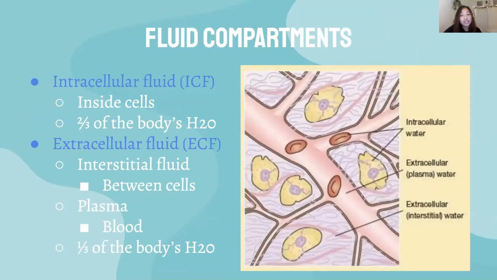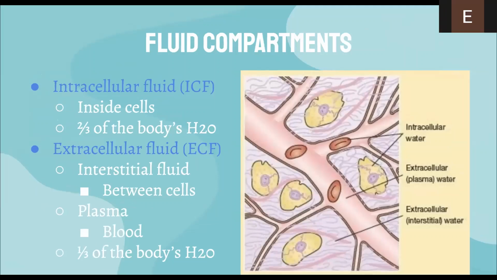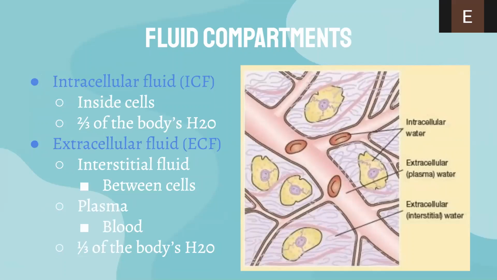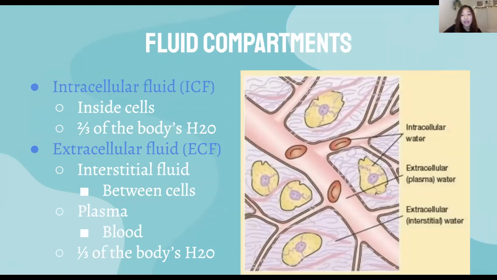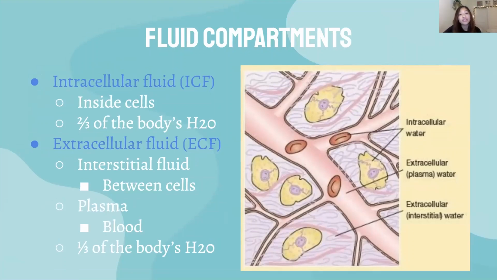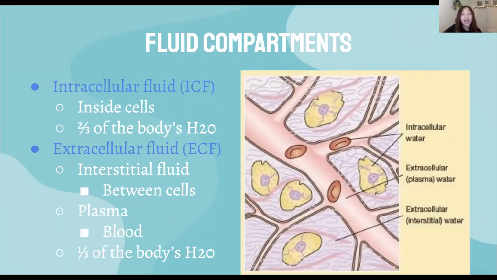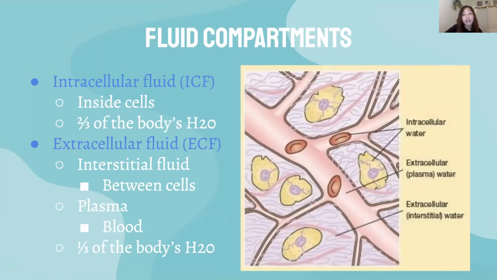All right, so fluid compartments. There are two general fluid compartments. There's the intracellular fluid, or ICF, which is the fluid within the cells. It contains about 2/3 of the body's water and is generally high in potassium and low in sodium. The other compartment is the extracellular fluid, the ECF.